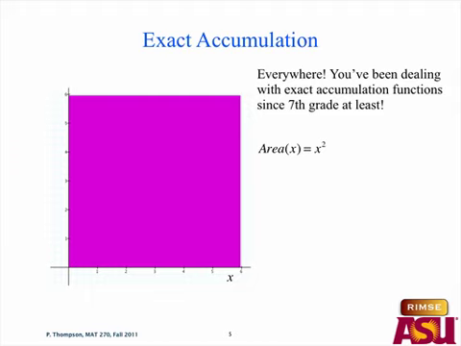Okay, so any quantity function really can be thought of as an accumulation function just by looking at small increases in the input. Then your output is going to grow bit by bit. So if that area function is an accumulation function, then it can be written this way for some rate of change function, right?